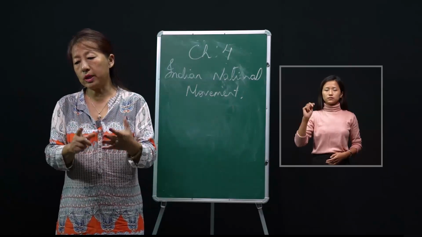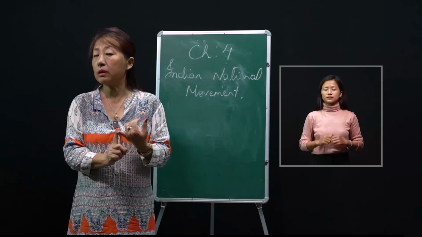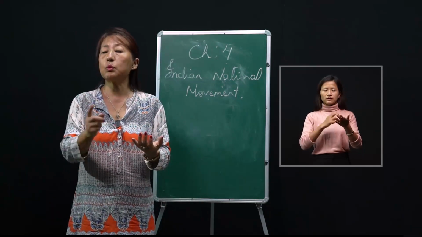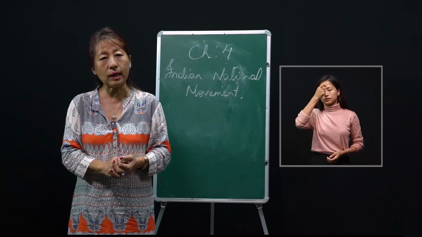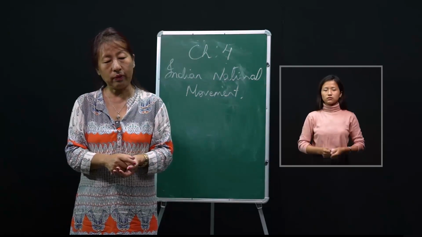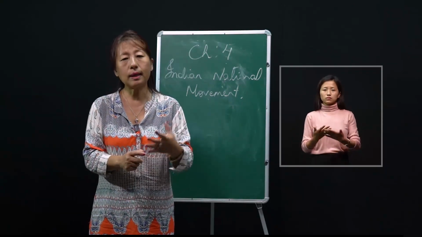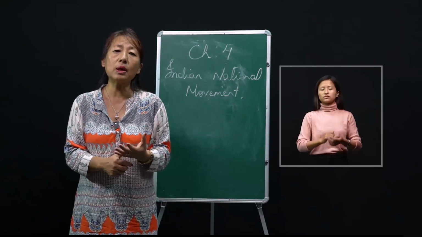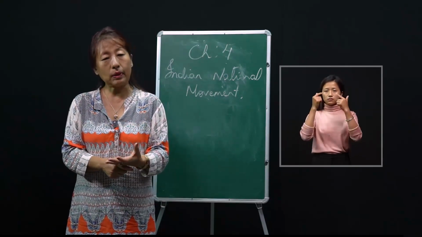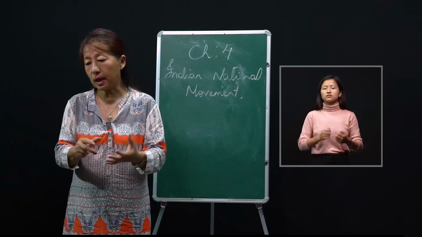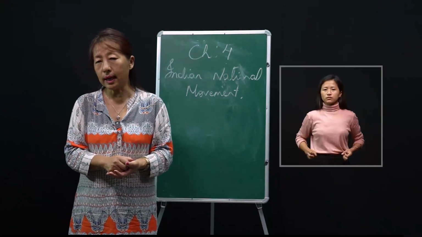One reason was the Cripps mission, which was sent to India to look into the problems the Indians were facing, but nothing came out of it. The second reason was that the Indians were scared that the Japanese would attack India. Because of this, they started the Quit India movement.